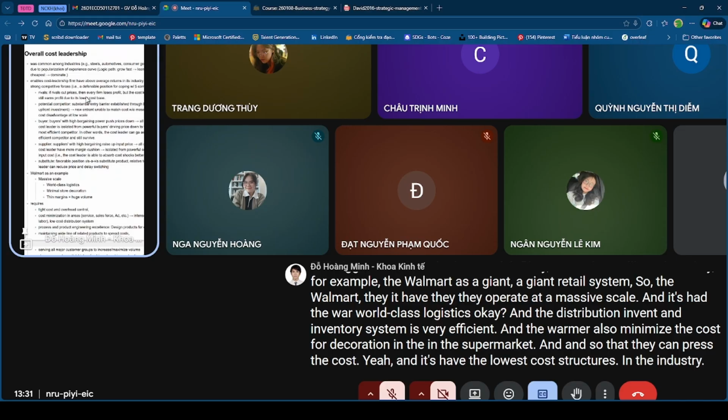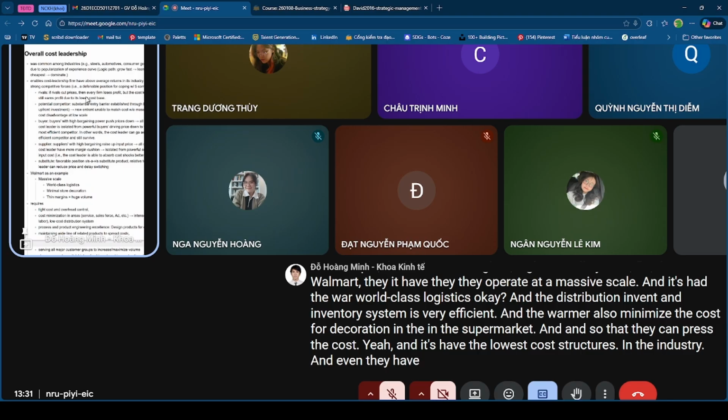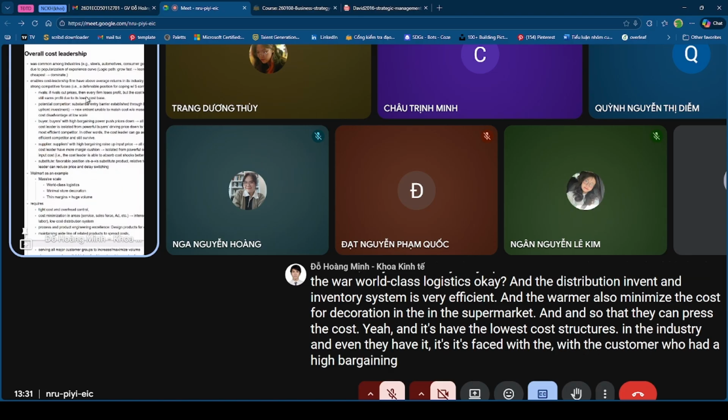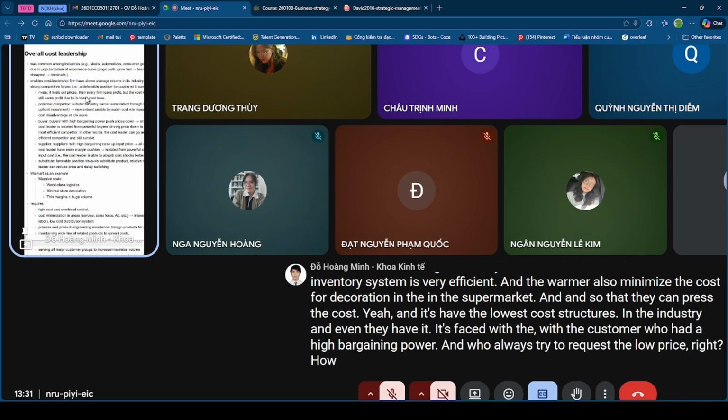And even though they face customers who have high bargaining power and who always try to request a low price, right? However, Walmart still has superior performance, right?